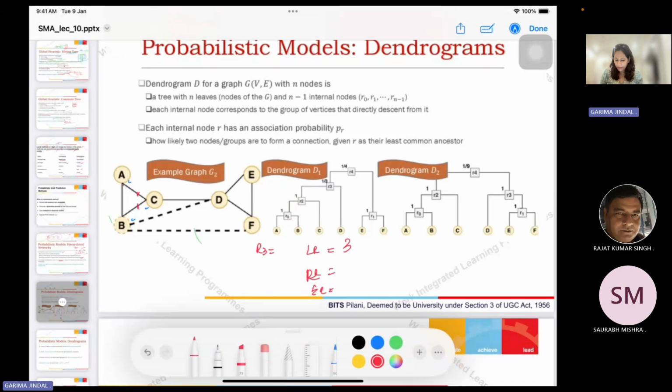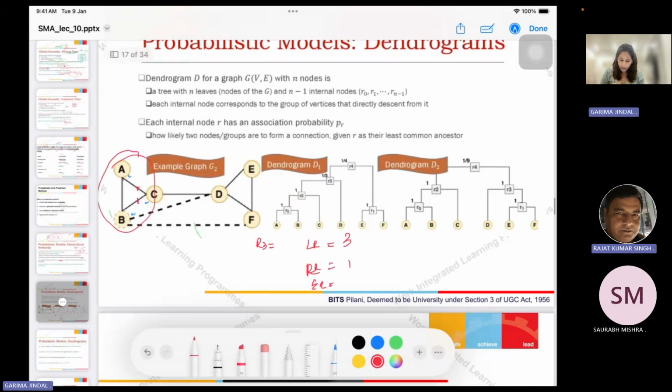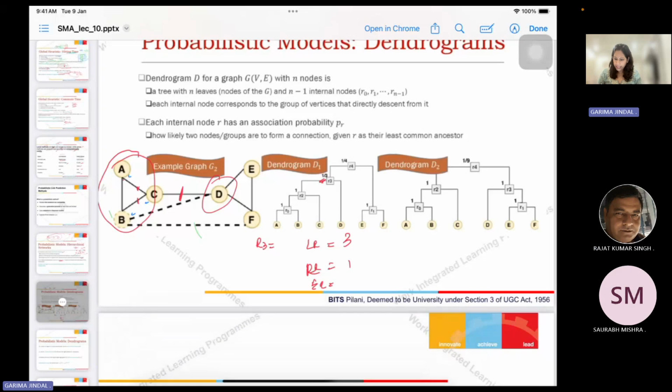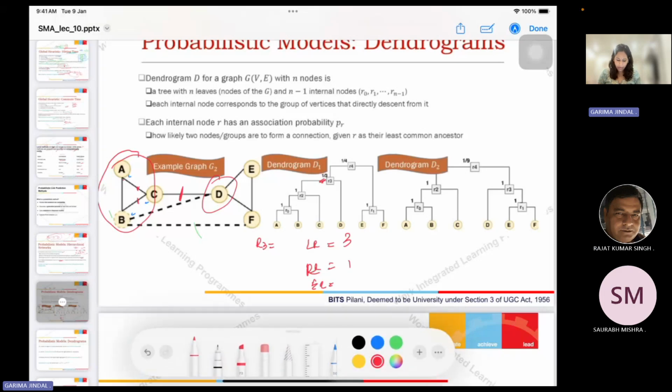What is the RR value? 1. What is the ER value? It is this group and this group, so how many edges are there in the original graph joining these two? 1. So this forms 1 by 3. Clear?